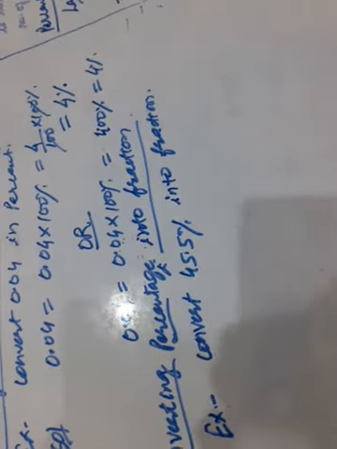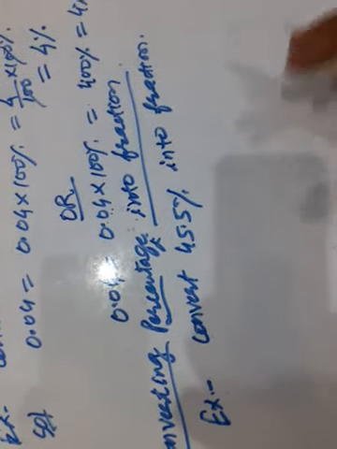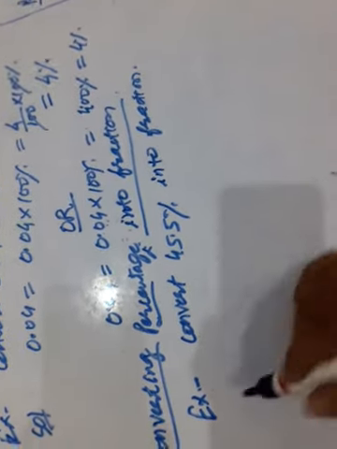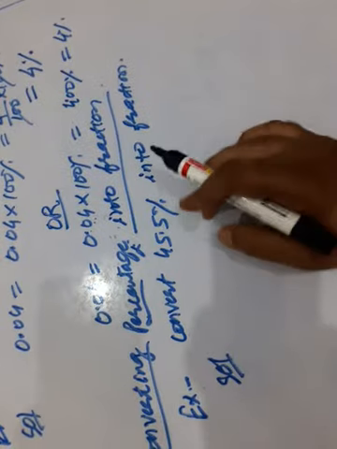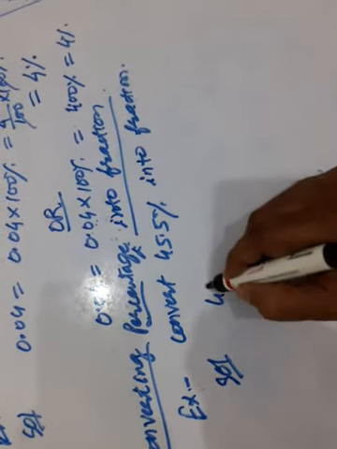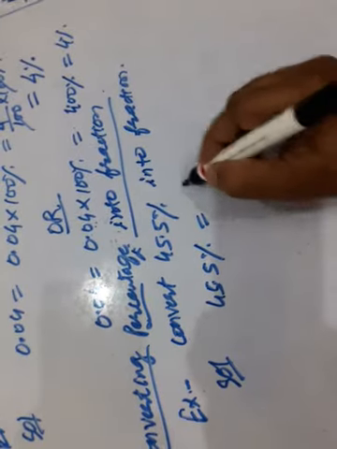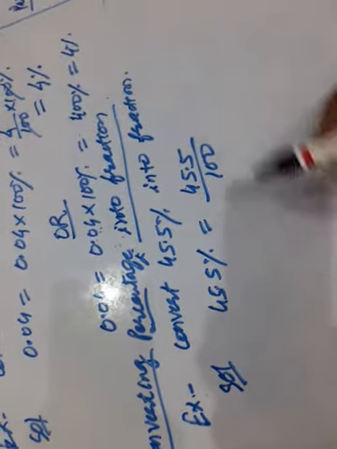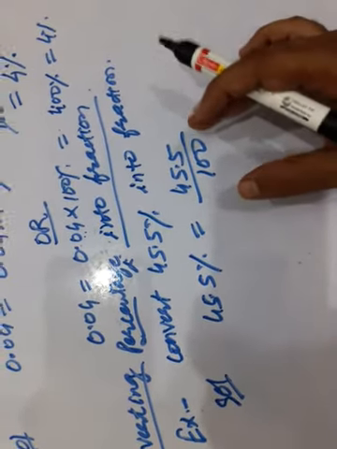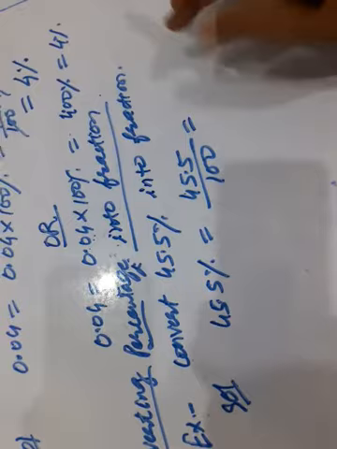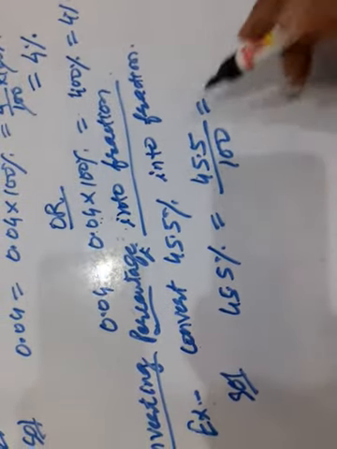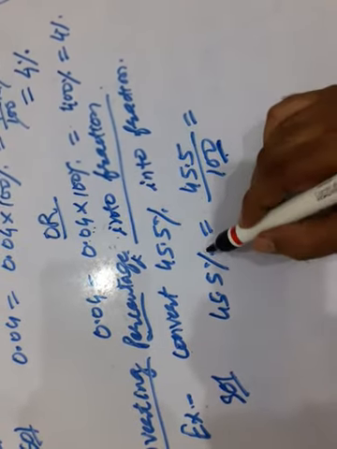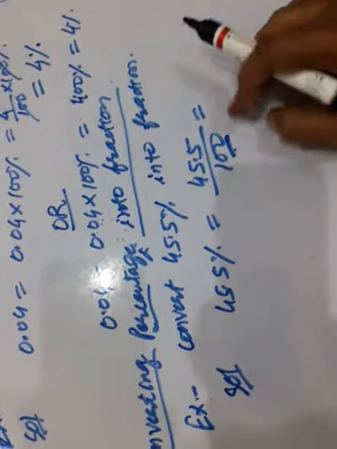At the beginning only, children, I told what is fraction, what is percent. Percent is a fraction with 100 as its denominator. Okay, start solution. 45.5% equals 45.5 and percent equals 1 upon 100. Okay, now this is 45.5 upon 100. Now into fraction you have to convert.